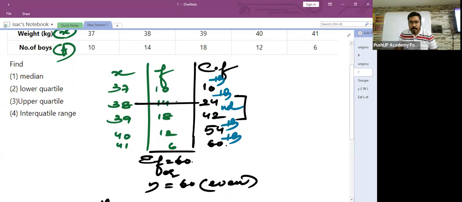If I ask you, what is exactly the 24th term? It has to be 38, isn't it? But the median value you will get from the 30th term.